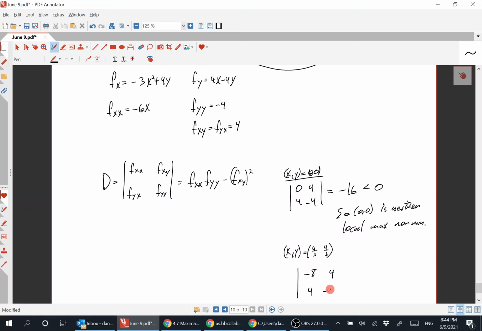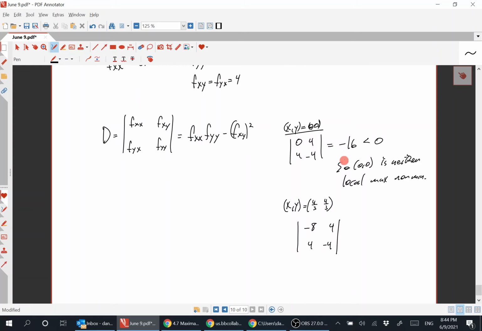So negative 8 times negative 4 is 32, minus 16, which is positive 16. Right, so (4/3, 4/3) is a local max.